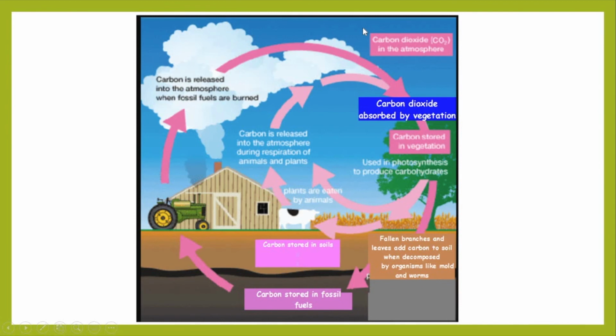And that continues to thicken the upper layer of our atmosphere, adding to the greenhouse effect. And the enhanced greenhouse effect is what we know as global warming, or now we refer to it more as climate change.